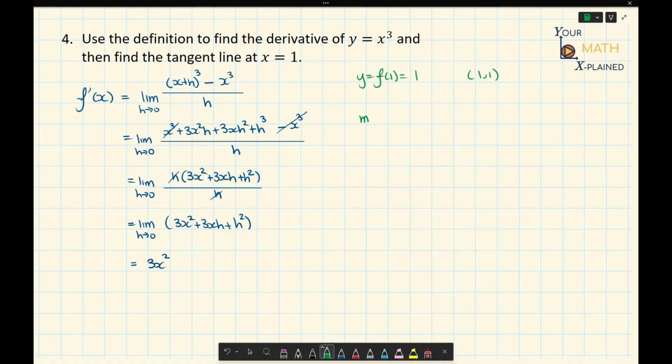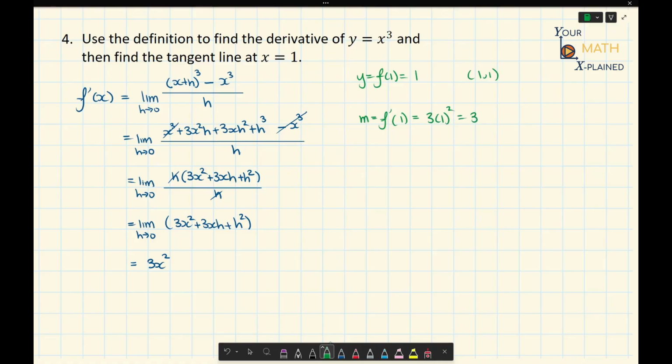So the slope is going to be equal to the derivative at that x value. So that'll be f prime of 1. And since we already have the formula for f prime of x, we can just go ahead and substitute 1 into this expression here. So we get 3 times 1 squared, which is equal to 3.